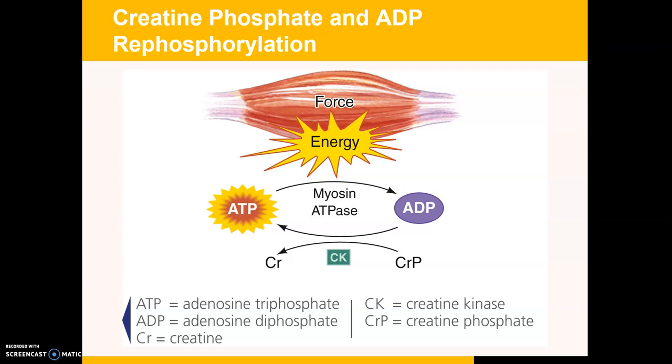Because this energy system can be used for rapid replenishment of ATP, it is the energy system that is predominantly used during very high intensity, short duration exercise when ATP is being used very rapidly.